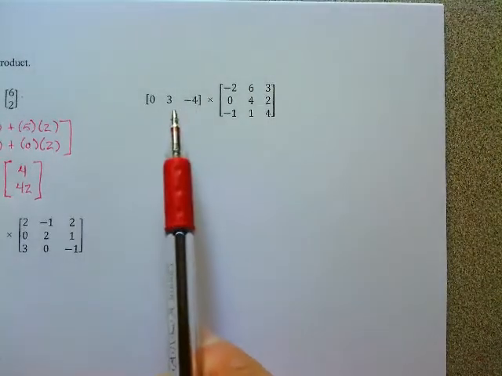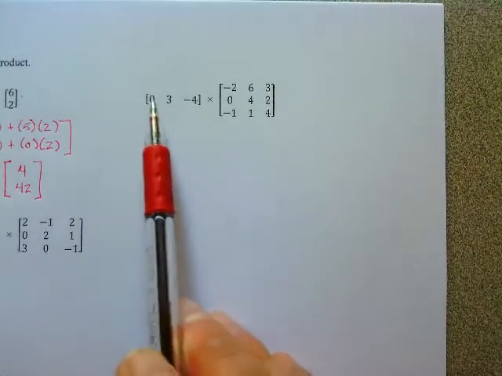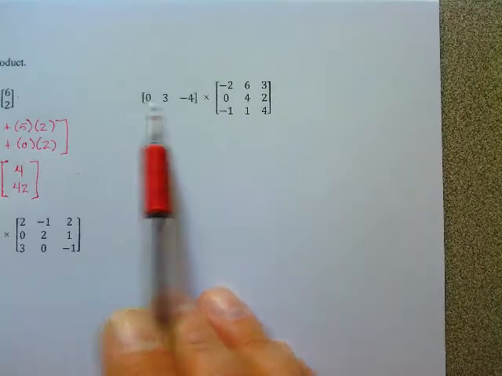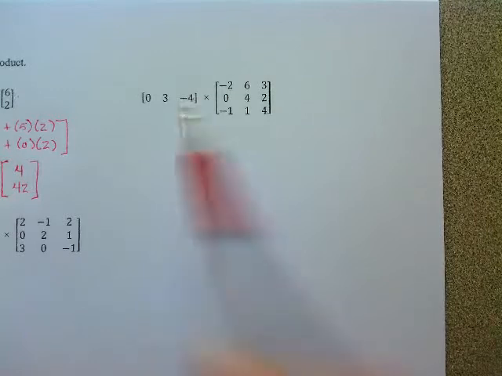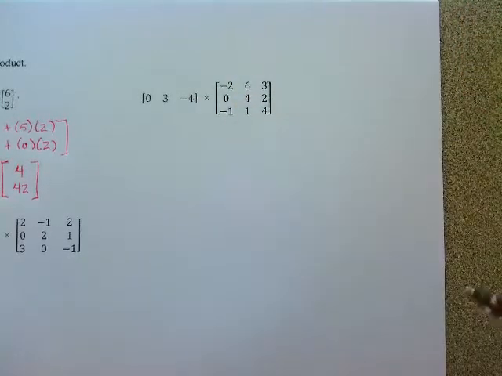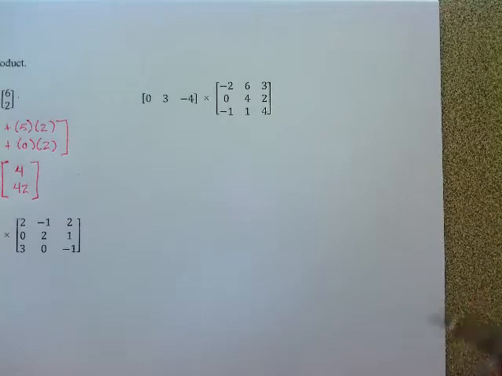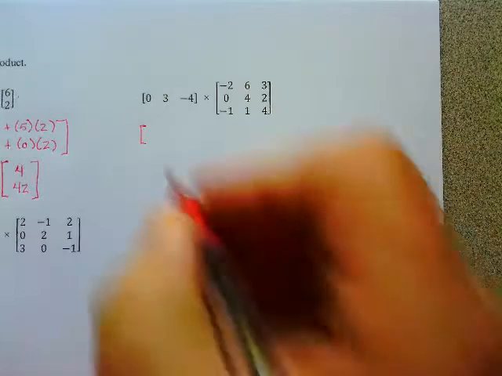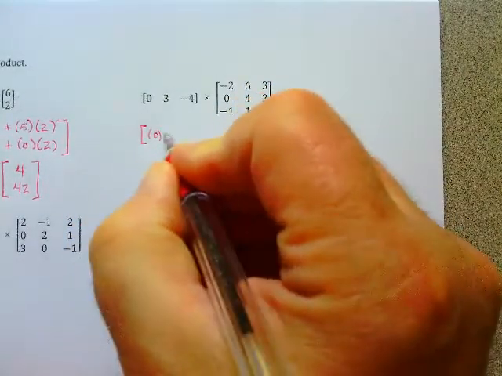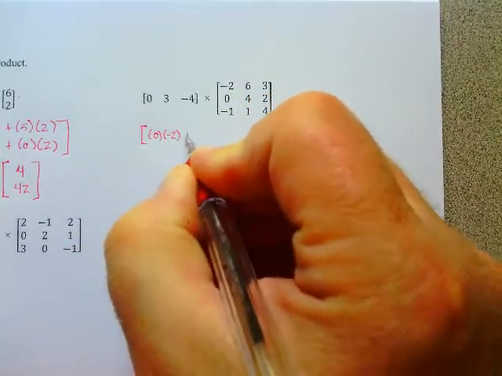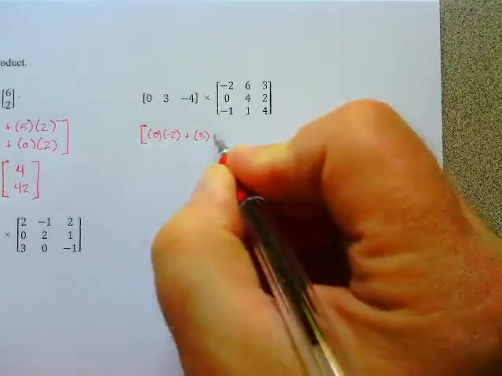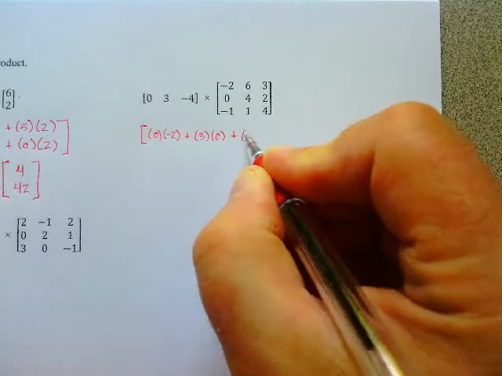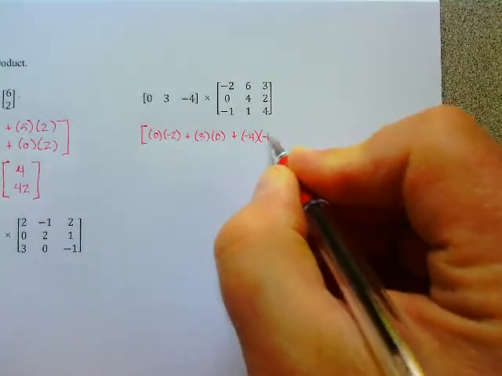Now this one we could not have added, but we can multiply, because again it's going to be across and then down, so as long as the number of elements in one row matches the number of elements in a column, we can do that multiplication. So in this one we're going to have 0 times -2 plus 3 times the 0 plus -4 times the -1.